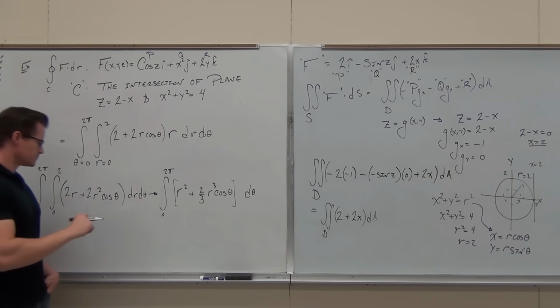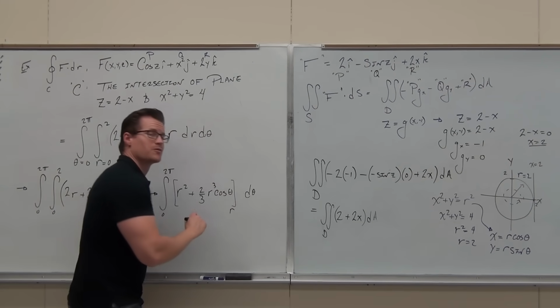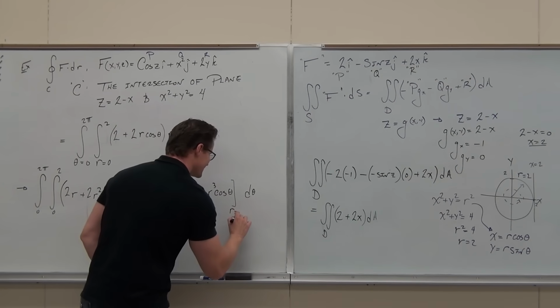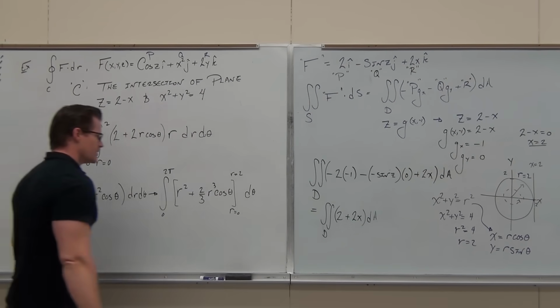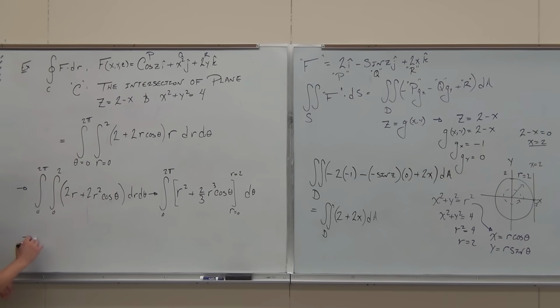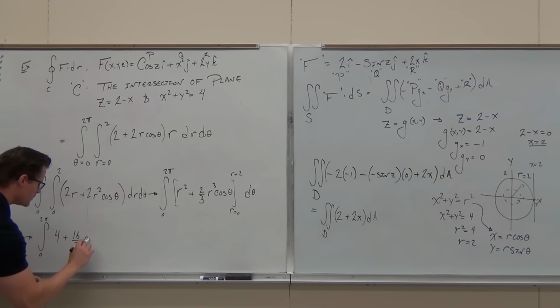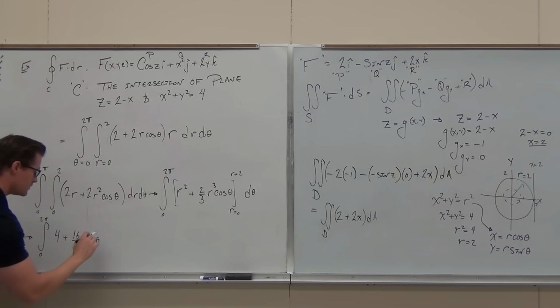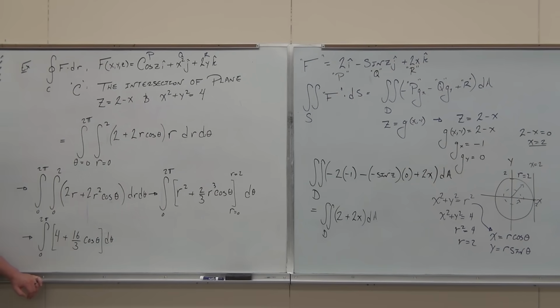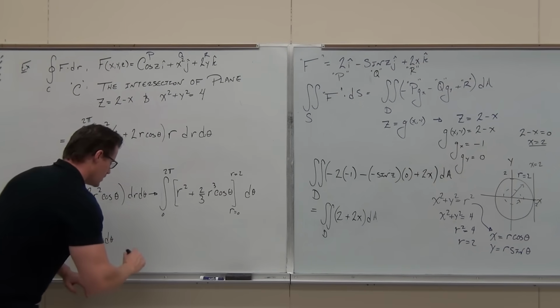R. So if we do that, we got this, looks like 4/16 dθ. Plug in 0, you get 0.